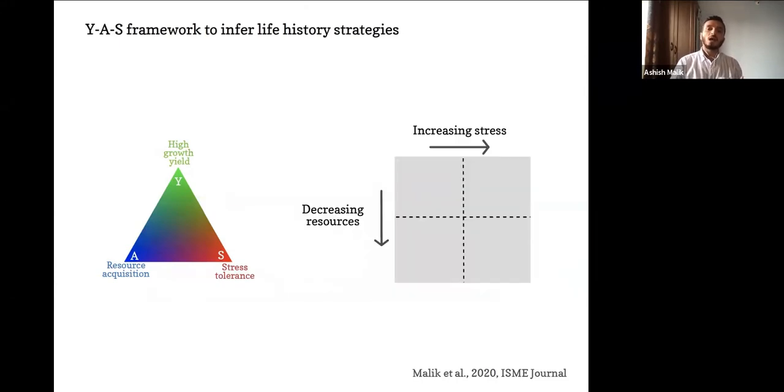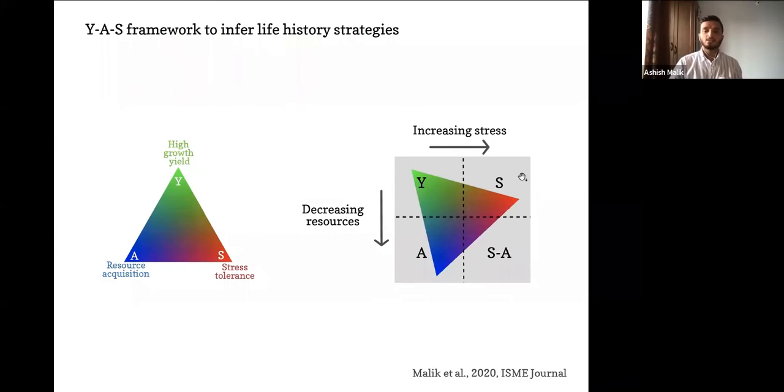And the two axes that we chose were stress and resources. Resource because microbes, like I said, rely on an external source for carbon and energy. And what we predict is that in places where stress is minimum and resources are ample, the high growth yield strategy will excel.